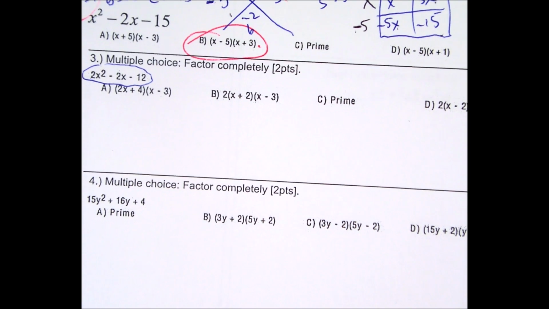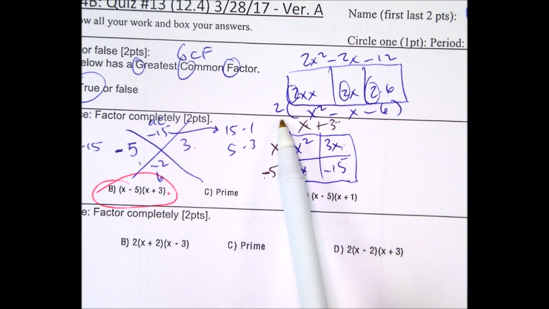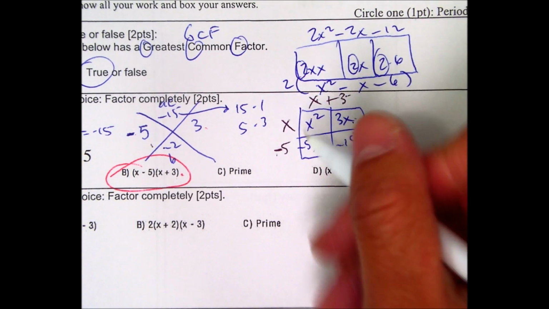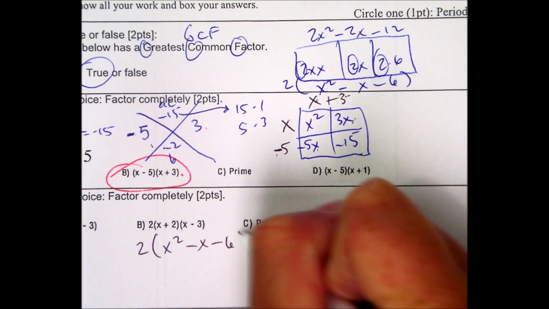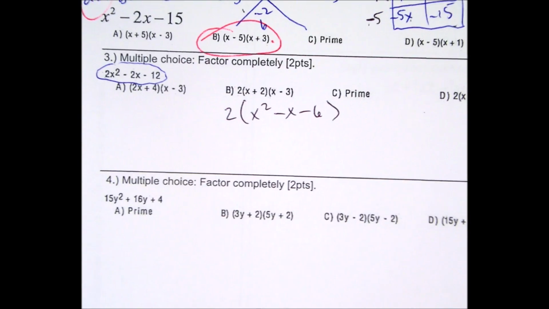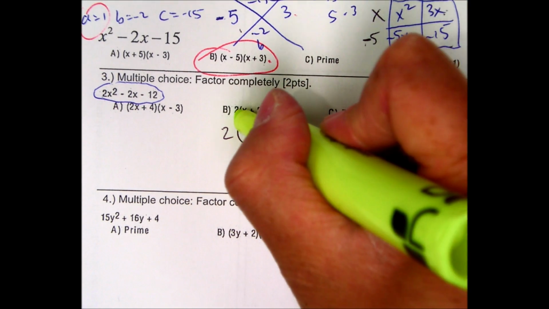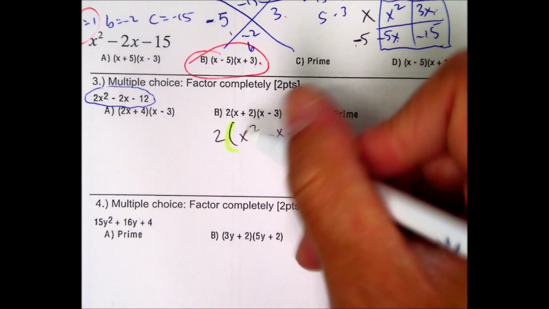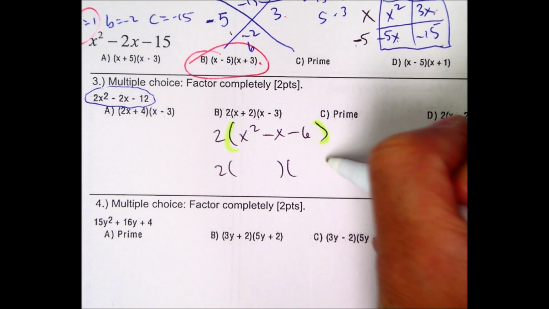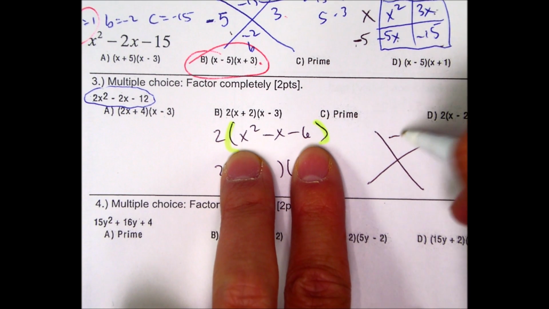Question number 3. Well, I've already factored out the GCF in question number 1, so I have 2 times x squared minus x minus 6. The next thing I need to do is find my a, b, and c that's inside the parentheses. Ignore that 2. That 2 does come back. Okay. So if I need to factor that, a times c, that's 1 times a negative 6.